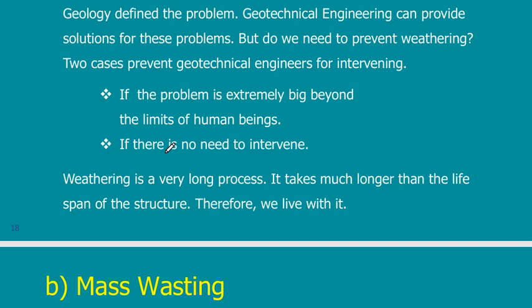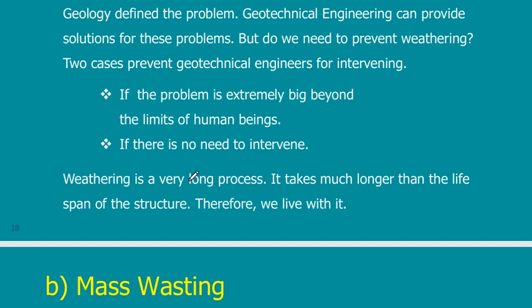If I have a flood coming, I don't want to prevent the flood. I just want to know that there is a flood coming, so I will take my building away because I cannot stand in front of the flood. So if the geologic activity is very big, I'm not going to design anything. I will avoid it. Or if it takes a very slow time, I don't need to cover it.